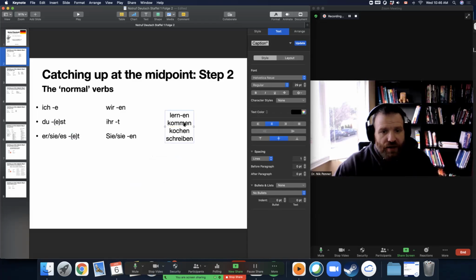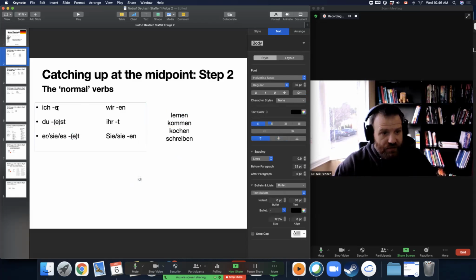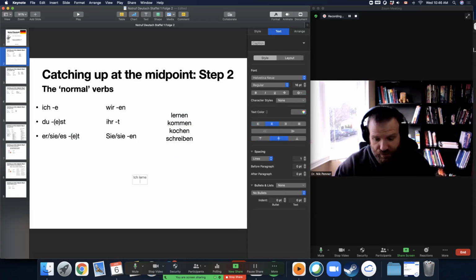So when we work with these verbs, this en is changeable. It can change to the ending that you need. So if you want to say that you study, then you would say ich, and you would look up the ending on the chart. It's e. So ich lerne. If you want to say that you are learning, du lernst.